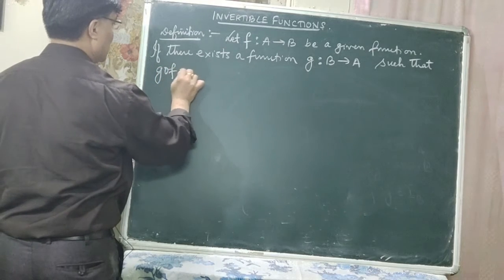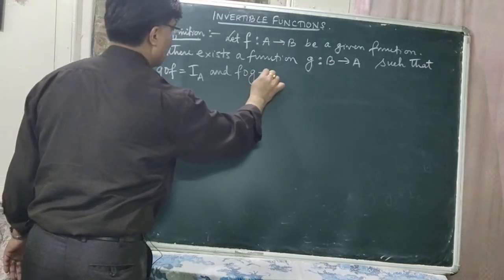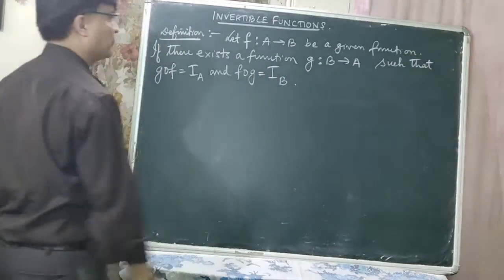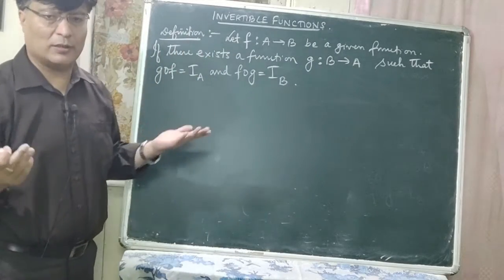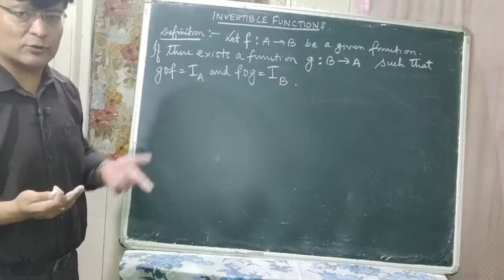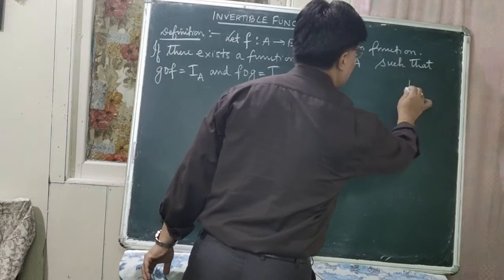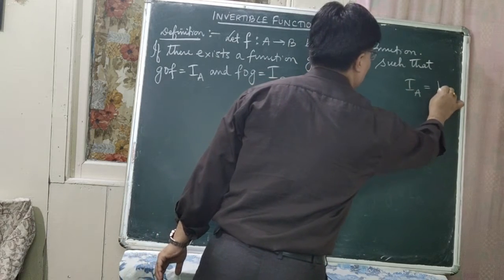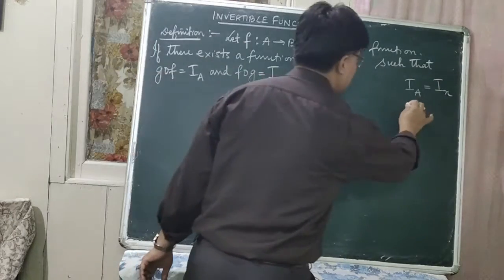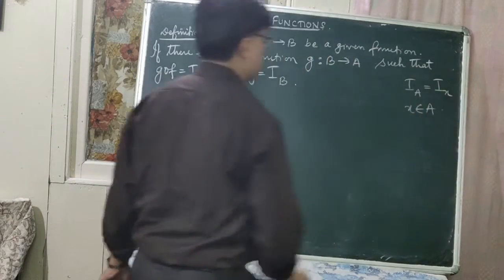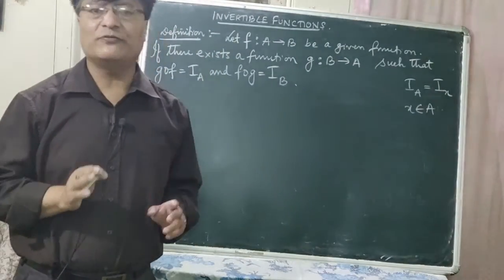gof is equal to IA and fog is equal to IB, or you may write it as IX also, because we always write X belongs to the set A and Y belongs to the set B, isn't it? त तिमीले IA को जग्गामा IX लेख्दा पनि हुन्छ है. ठीक छ? किनभने we always put X belongs to the set A. ठीक छ? कोही बेला IA नलेखेर हामी IX पनि लेख्न सक्छौं. त don't get confused.